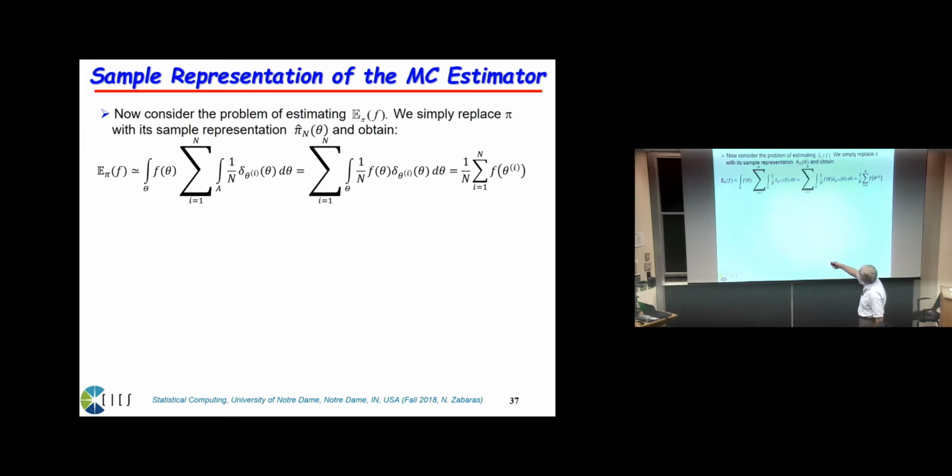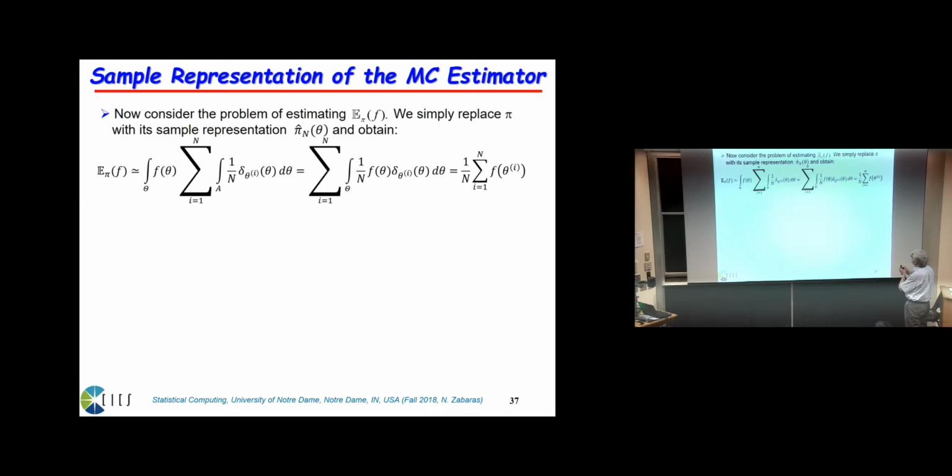Let me compute this expectation of f under this empirical distribution. What I have done here is I put this big summation there, which is the empirical distribution. The rest is the expectation. You can see this is the expectation of f of theta, and here is the probability, and I use the empirical distribution. So I can put the summation outside, and then I have 1 over n, f of theta.